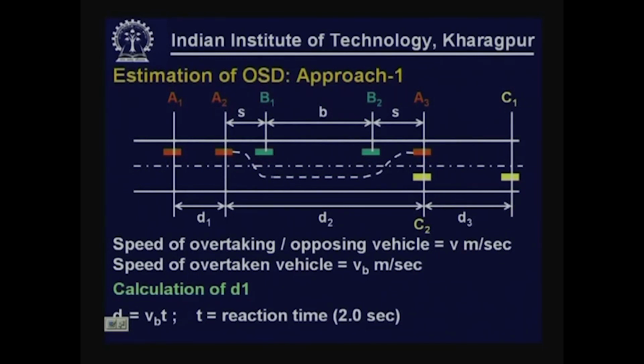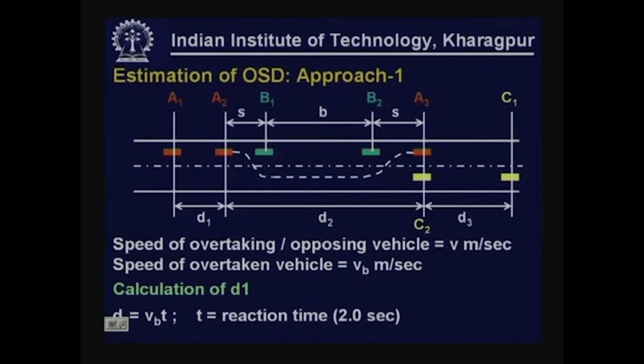There are 3 vehicles involved in the overtaking operation: vehicle A, vehicle B and vehicle C. Vehicle A is the overtaking vehicle, vehicle B is the overtaken vehicle and vehicle C is the vehicle coming from the opposite direction.